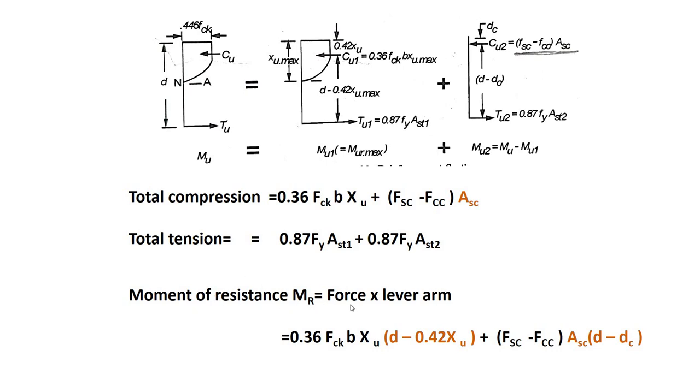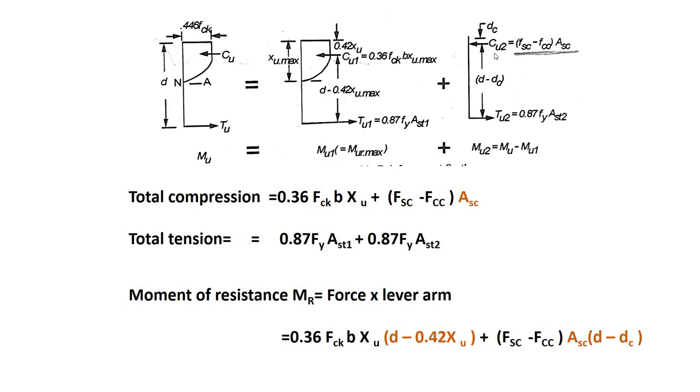Now total moment of resistance is equal to force into lever arm. So the total compressive force is equal to 0.36 fck b into xu. This force is multiplied by the lever arm, which is d minus 0.42 xu. Force into lever arm, plus, for this imaginary section, the stress is (fsc minus fcc) into Asc. And what about the lever arm?